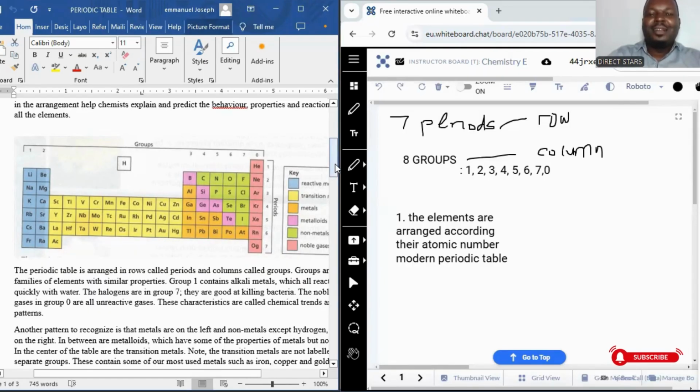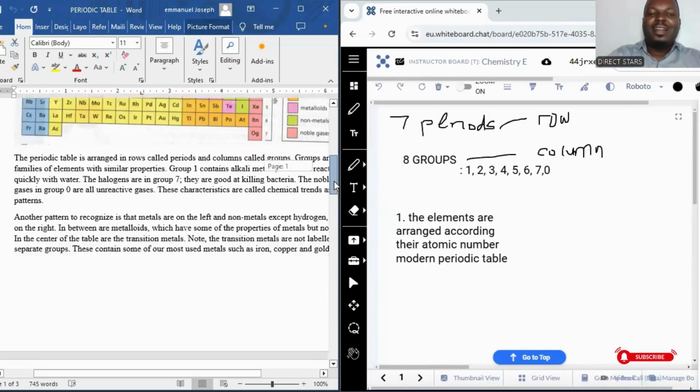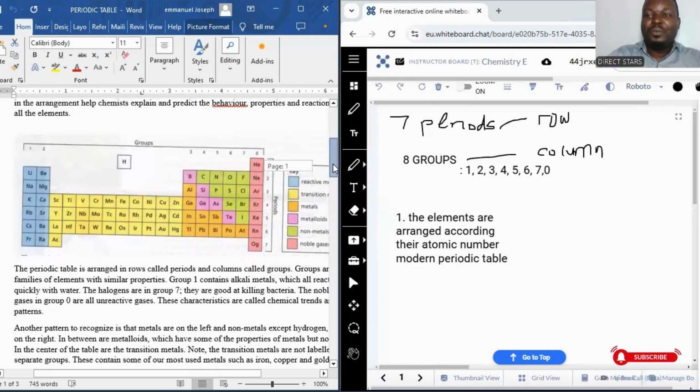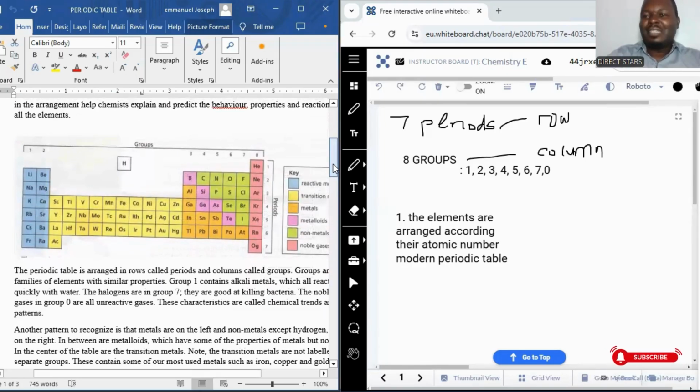There are extensions to this periodic table known as lanthanides and actinides, which we're going to discuss in the next class. They give room for more artificial elements to be discovered, the ones produced in laboratories that cannot survive more than a second.